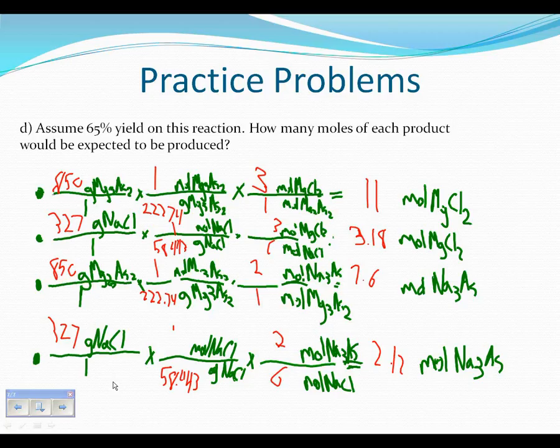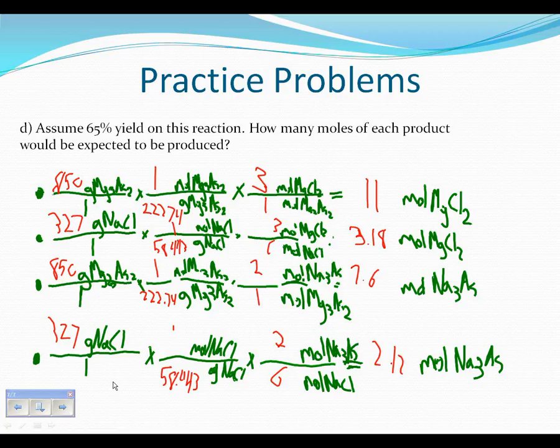All right, so we have all those, and then those are the moles of each product, and then we have to find the actual yields. So we'll multiply the 2 lowest values by 0.65 because of the 65% yield, and we'll get our final answer.